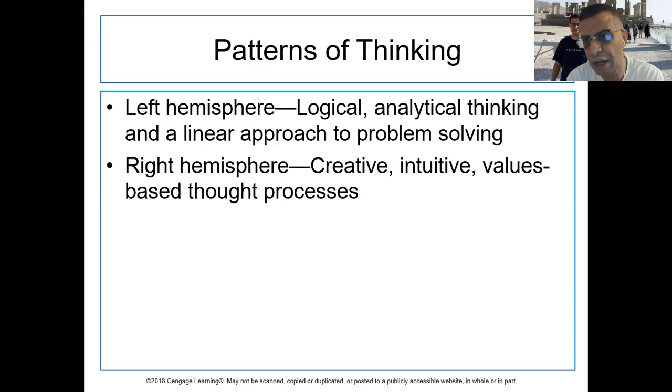The people who use the left hemisphere are more logical, analytical thinkers, with a linear approach to problem solving. The people who use the right hemisphere have a more creative, intuitive, value-based thought process.